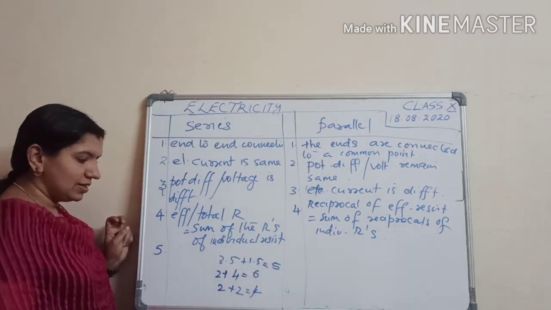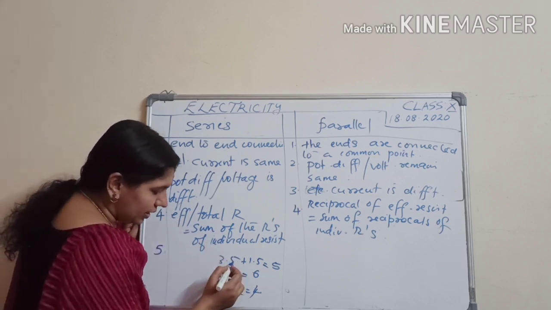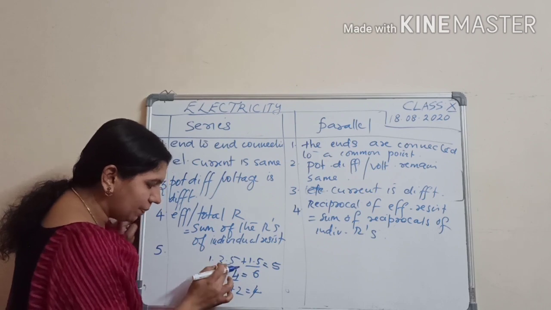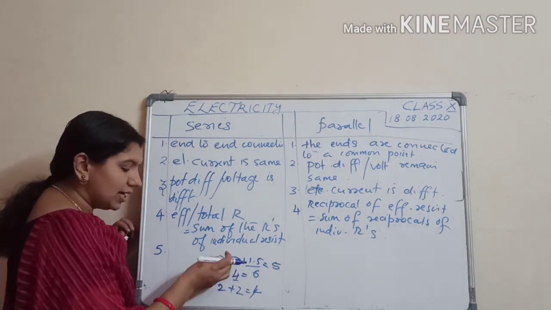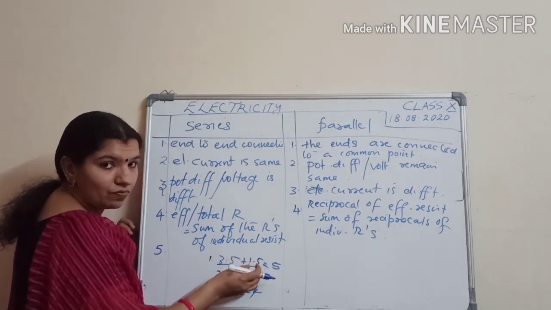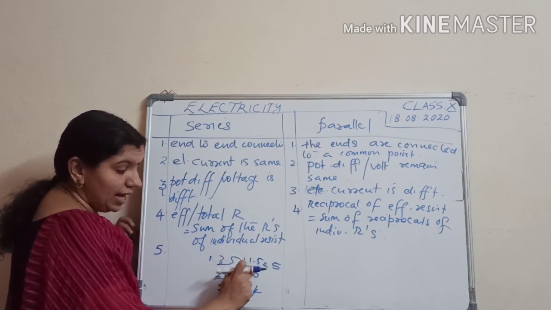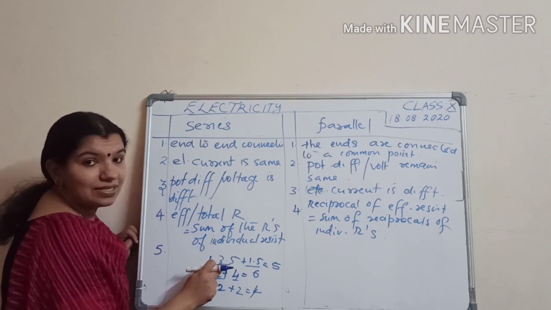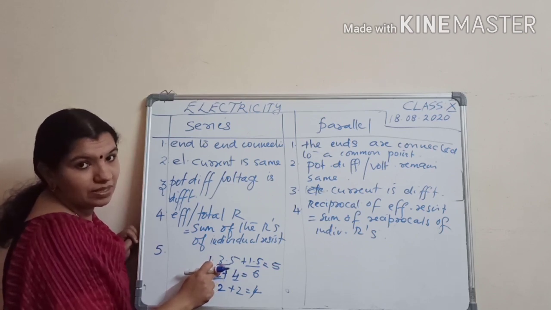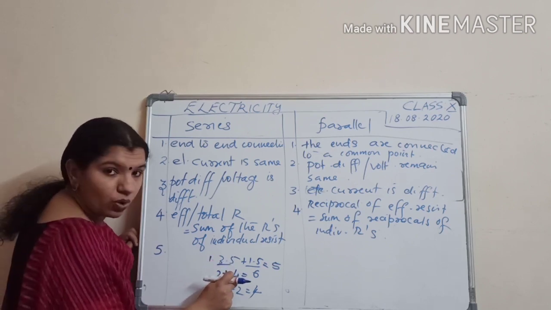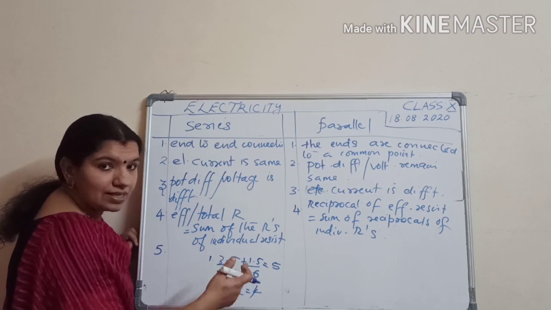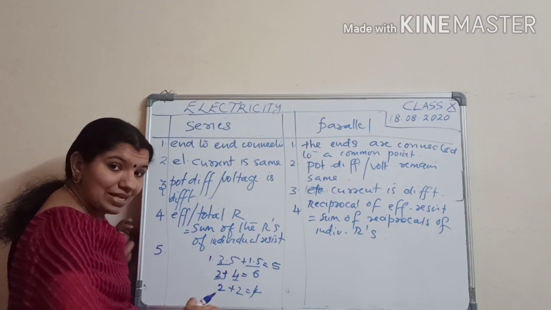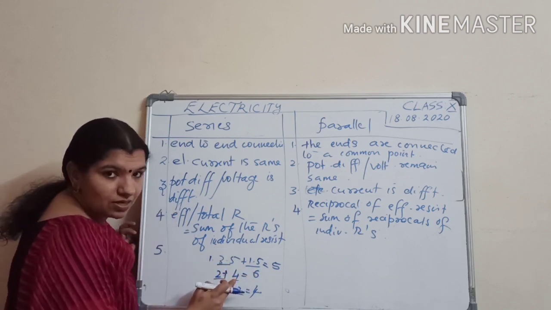Understand? Here I have taken two resistances. In the first case, 3.5 and 1.5. 3.5 is larger than 1.5. But the effective resistance is larger than the largest resistance. Again 2 plus 4. 4 is the larger resistance out of these two. But we are getting a value which is again higher than the largest resistance.